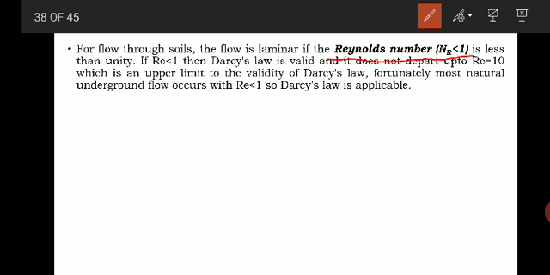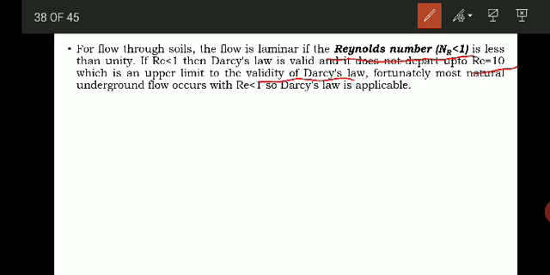Darcy's law does not depart up to Re equal to 10, which is the upper limit of the validity of Darcy's law.